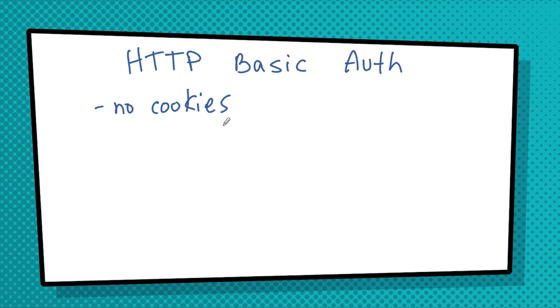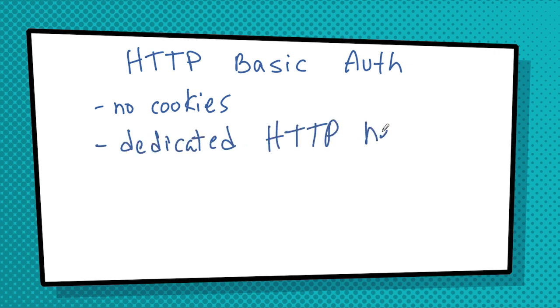Now, going to the traditional authentication methods, you also have basic HTTP authentication, right? That's the authentication where you see pop-up messages from your browser, which are barely used nowadays. There are no cookies, no handshakes. It's really basic authentication. It uses a dedicated HTTP header to communicate the encoded username and password on every request that is authenticated.